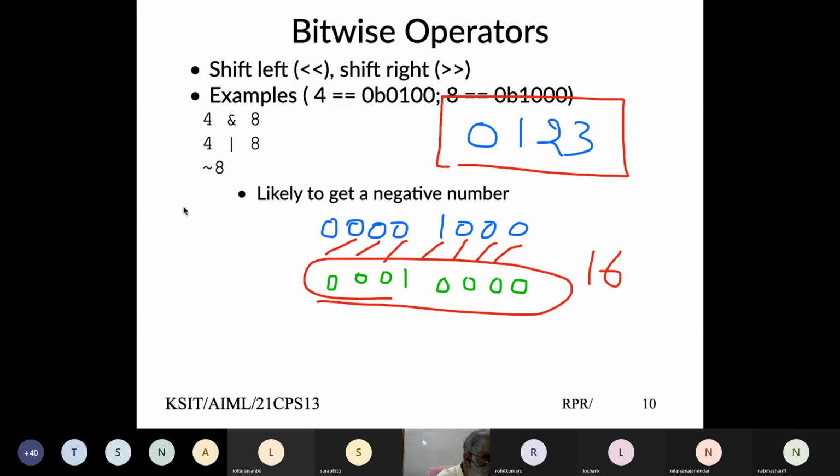Writing 0, 1, 2, 3, the value would be 8 power 2 into 1 is 64, plus 8 into 2 is 16, plus 3, so this would be 83. You have to be comfortable with bit conversion and how we use it.